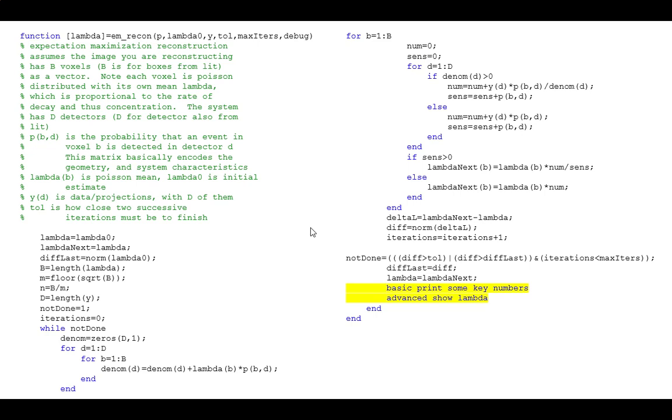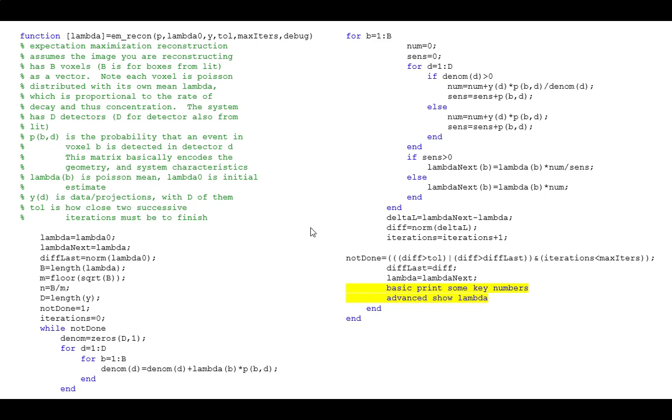There's potentially a more advanced one too, where I can actually print lambda, because remember, lambda can be reformed into a matrix to see an image. Sometimes just looking at that image partway through will show stuff up.